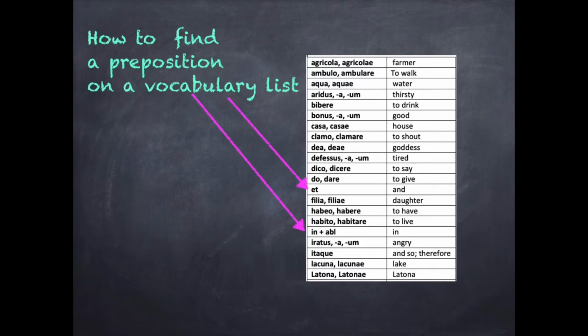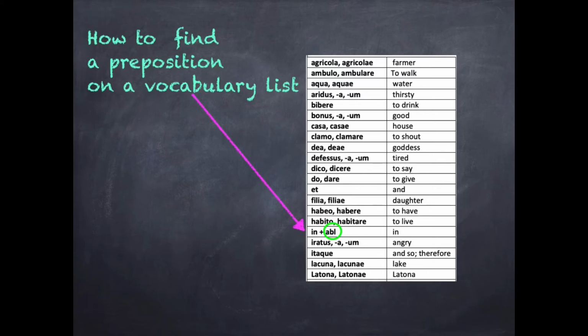Maybe it could even be the word itaqua, which is another of the little words that we see on the vocabulary list. But to specifically identify the preposition, we want to look for this plus ABL, which stands for ablative, which comes after the word in. This is how I can tell that in is a preposition, because of that plus ABL.